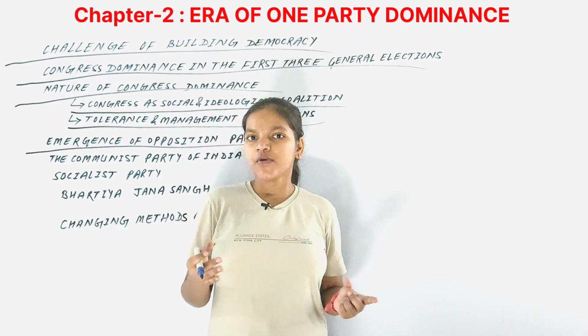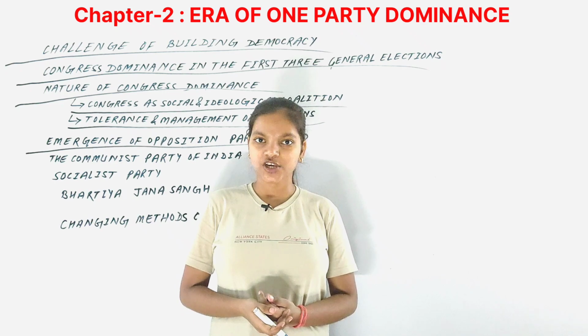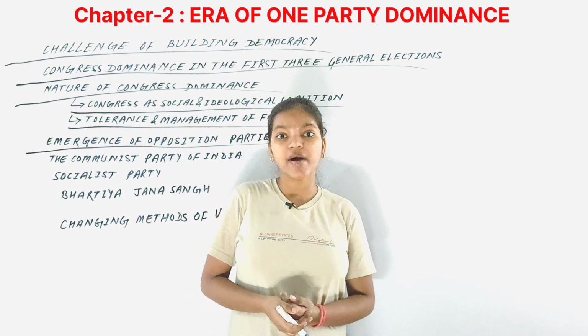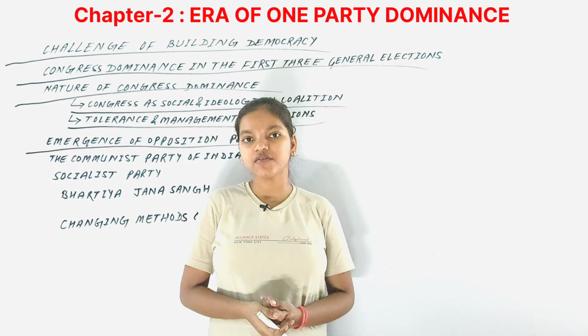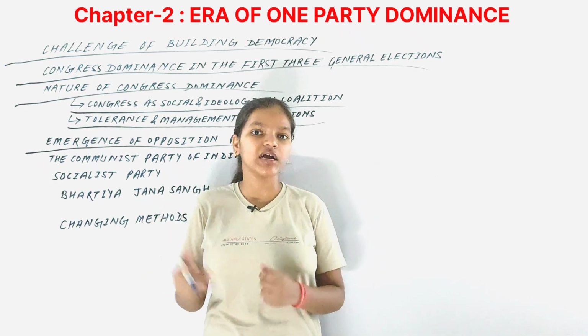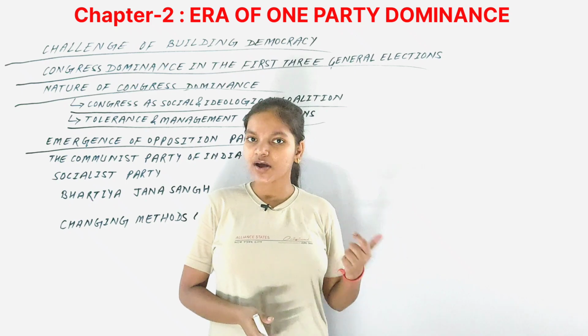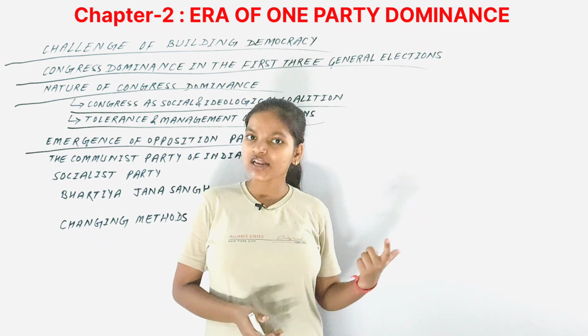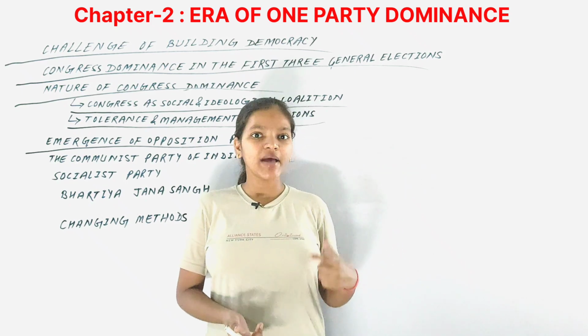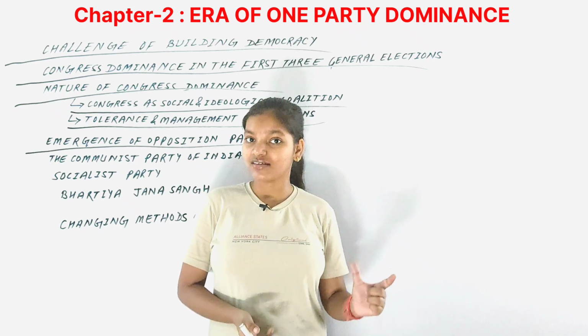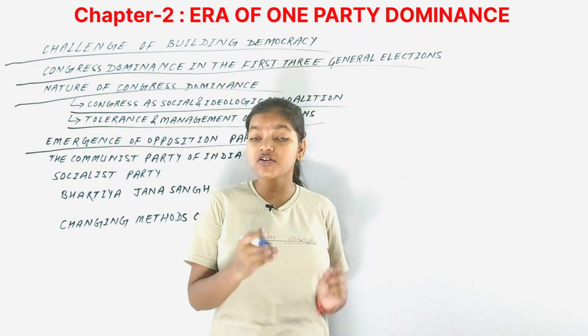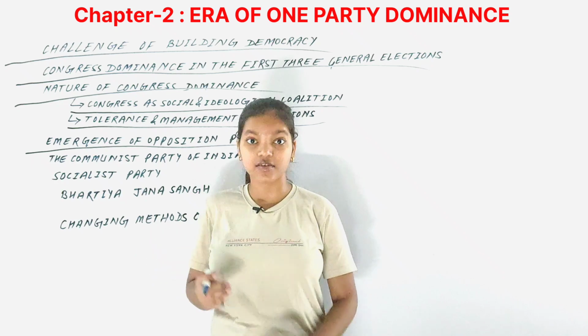Now, as we have already studied about some of the opposition parties, apart from the Indian National Congress, of course, there were many other opposition parties in the government of India as well. For instance, the Communist Party of the country, the Socialist Party of India. There were many parties that were present in the country and were considered as opposition parties.